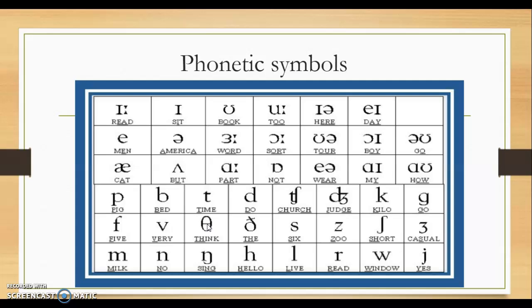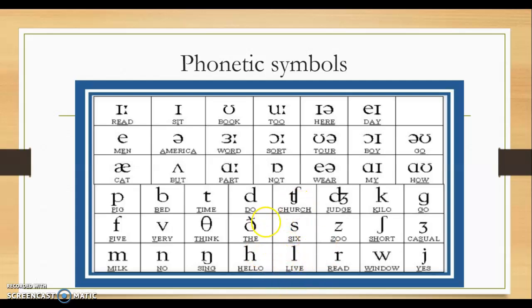Think, thank you, thoughtful. But when the TH sound is strong, we are gonna use this symbol, okay? Don't forget about this symbol. It appears in words like mother, father, brother, others, etc. Okay?